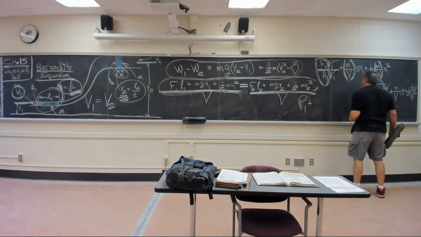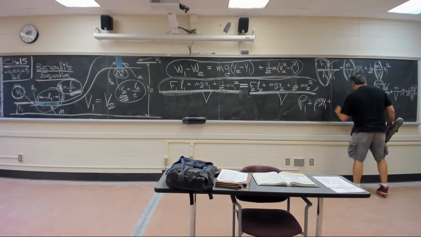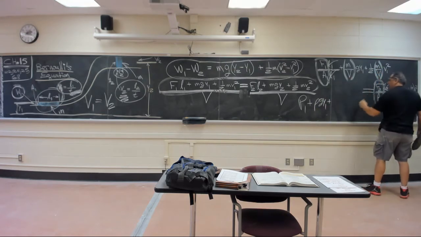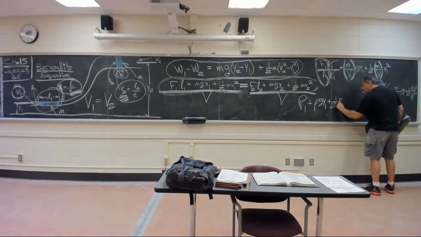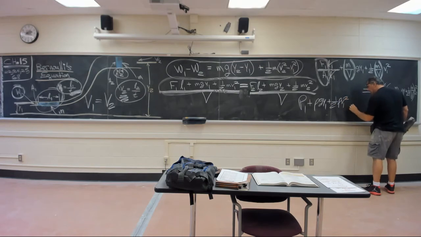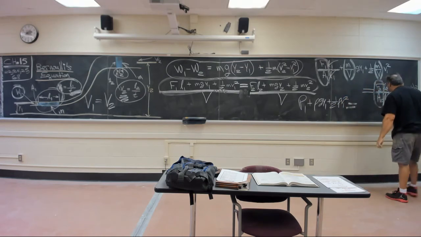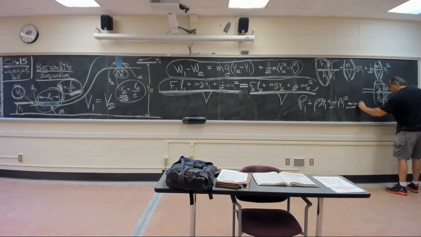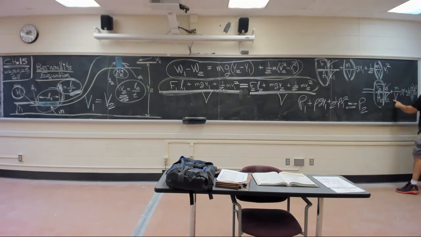M over V is rho. M over V is rho. Now it's starting to look like something. That's pressure. This is rho g y2.